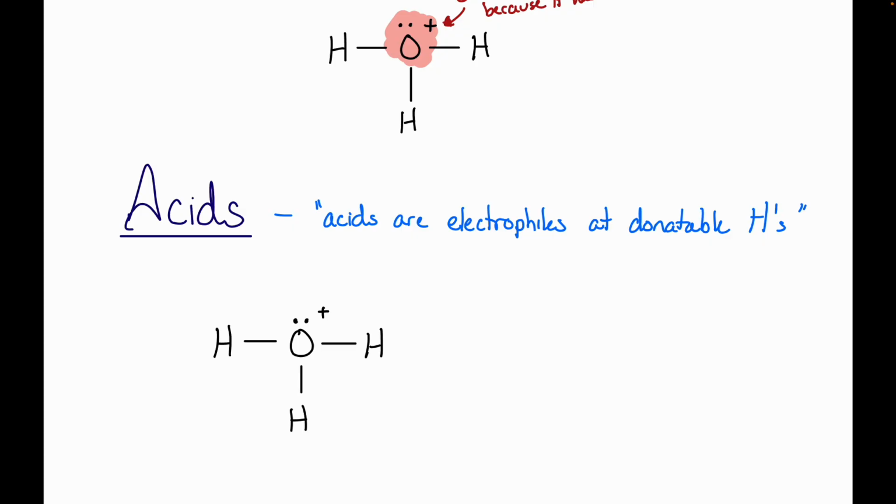Donating that hydrogen is playing the role of an electrophile. Okay, so here is my electrophilic site. If I had some base, that base can grab that hydrogen, kicking off that water molecule as a leaving group.